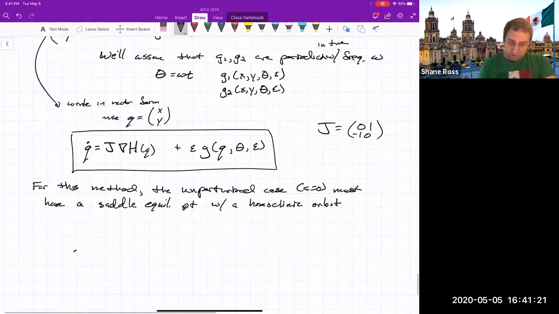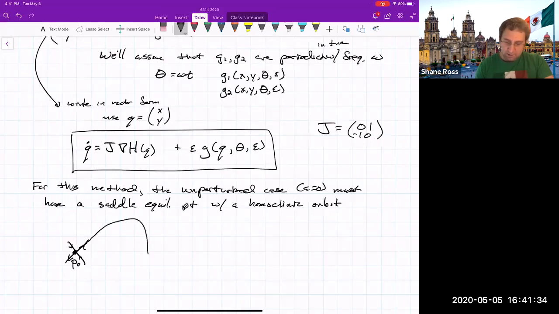So that means, like we've drawn a bunch of times now, there's an equilibrium point and it's got stable and unstable directions, and they exactly coincide. It's actually not hard to make something like that. And we'll call this the unperturbed homoclinic orbit, Q0(t).